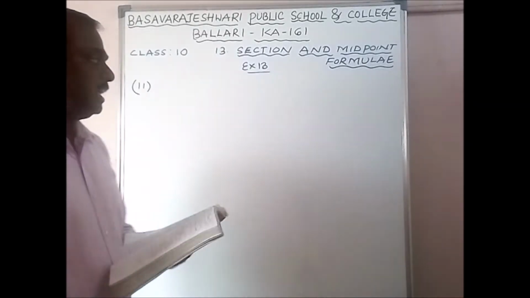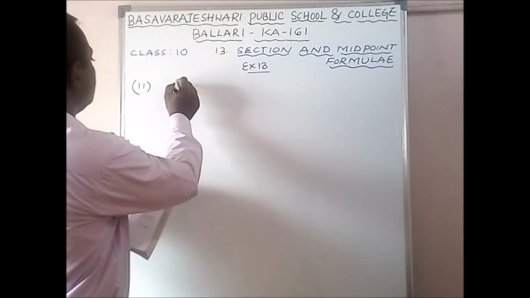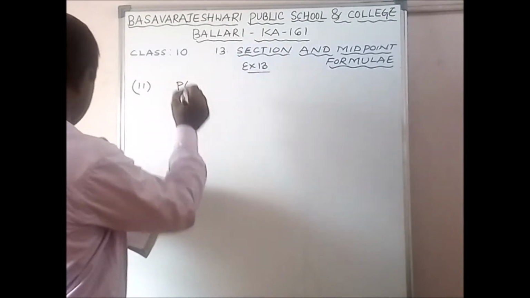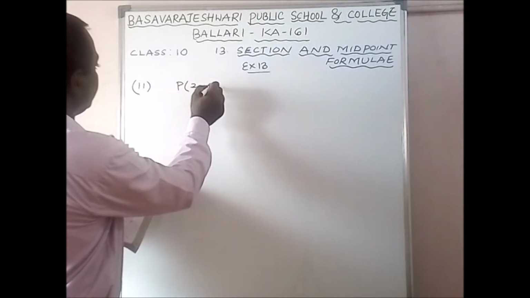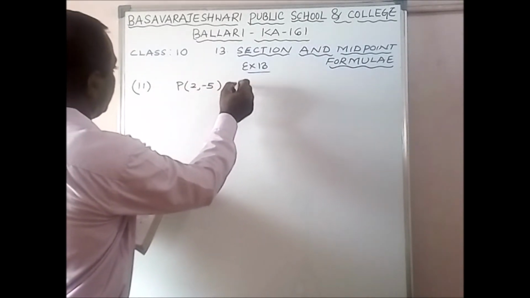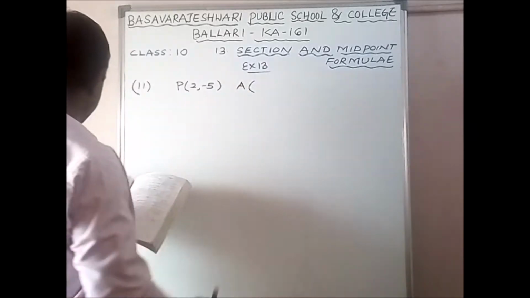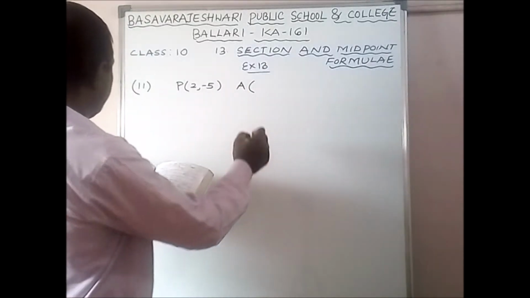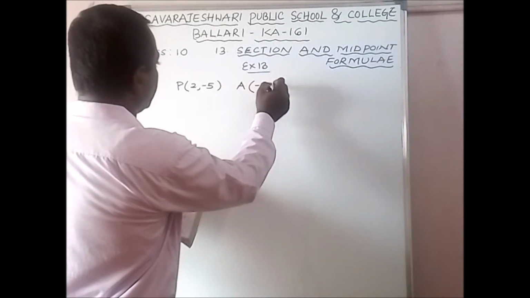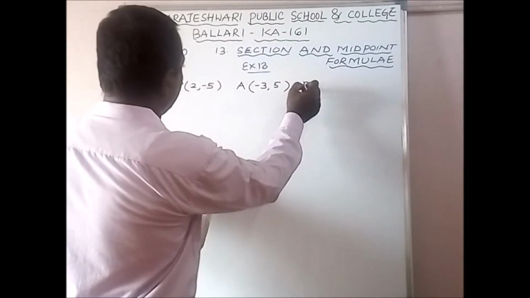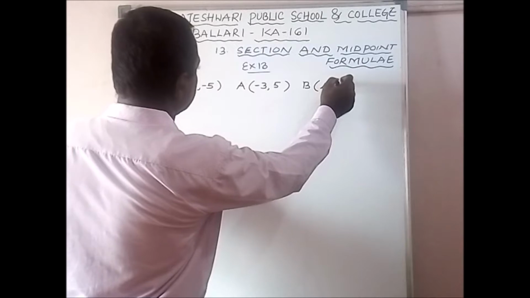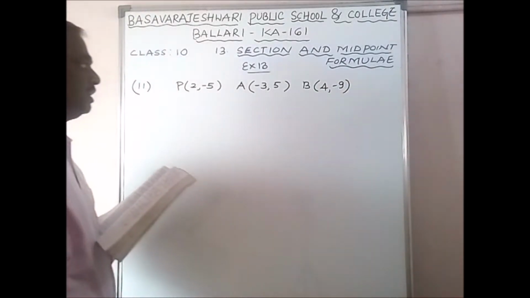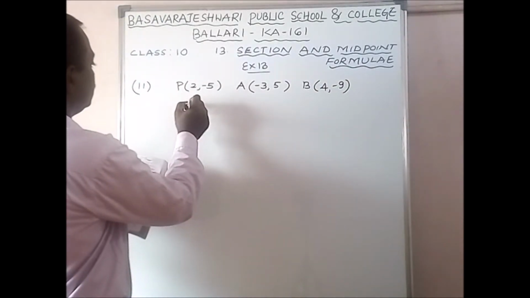So we have the point P given. What is the P point there? 2, -5. And we have the point A: -3, 5. And we have the B point: 4, -9. We don't know the ratio.